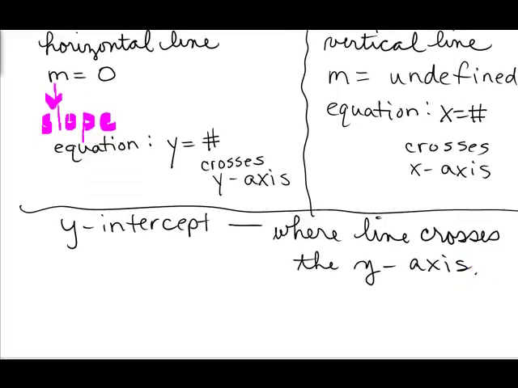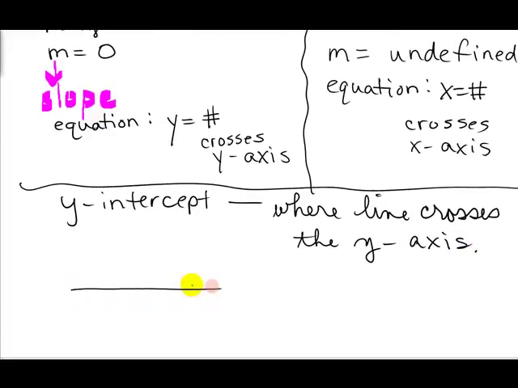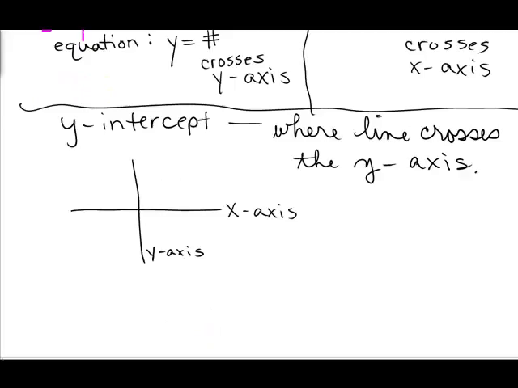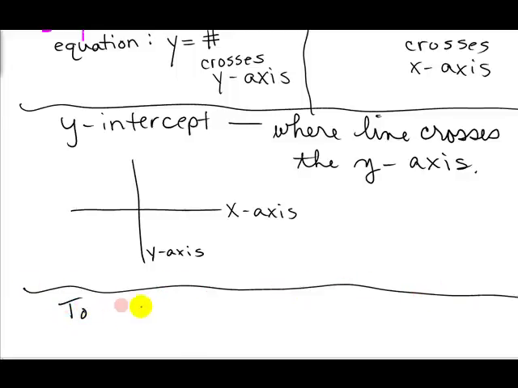And we want to remember when we're looking at graphing, this is my x-axis, this is my y-axis. So what we're going to do is we're going to use this information to graph.